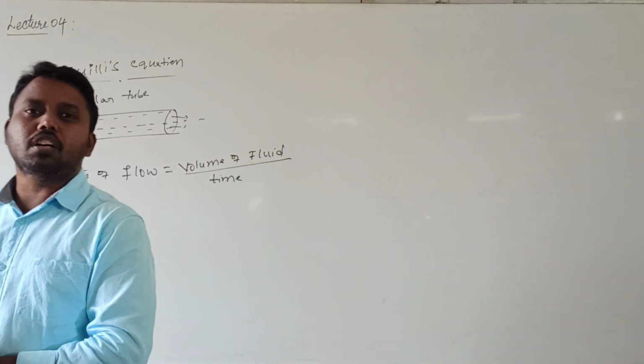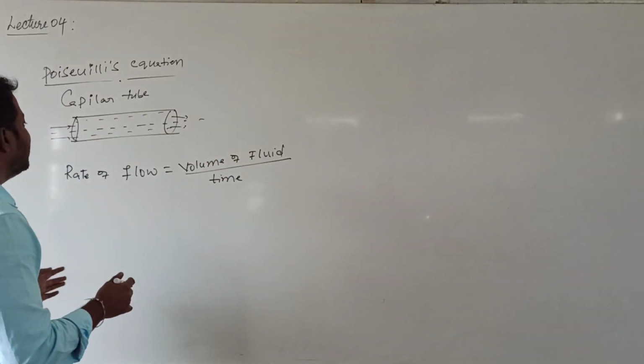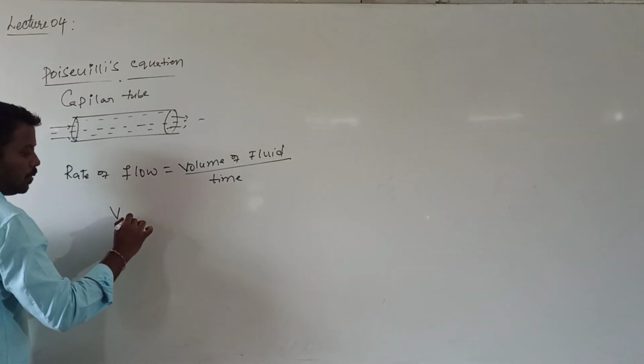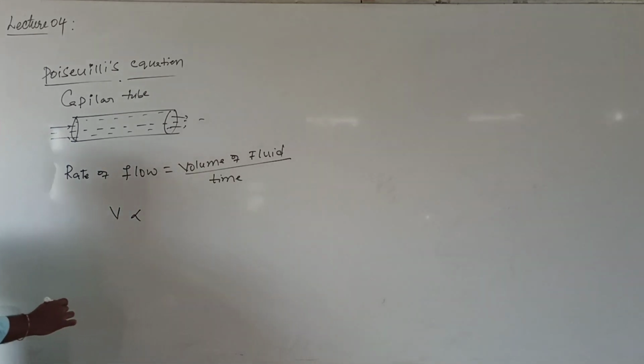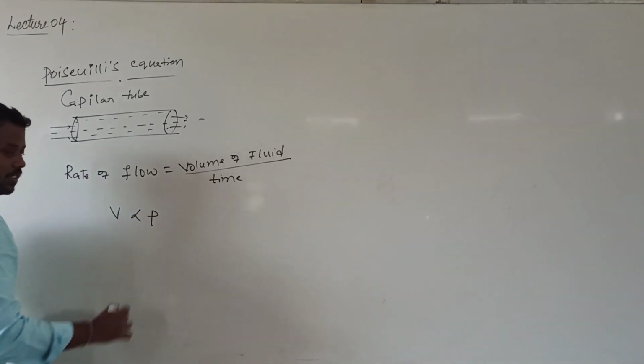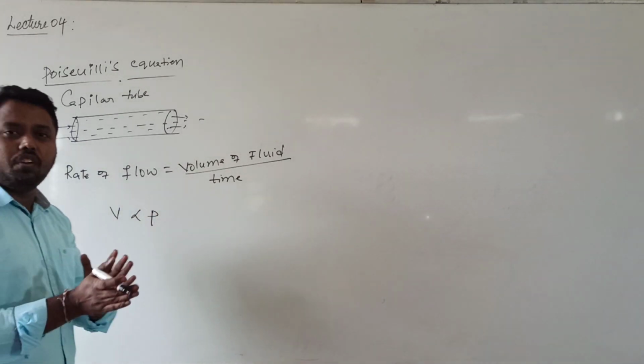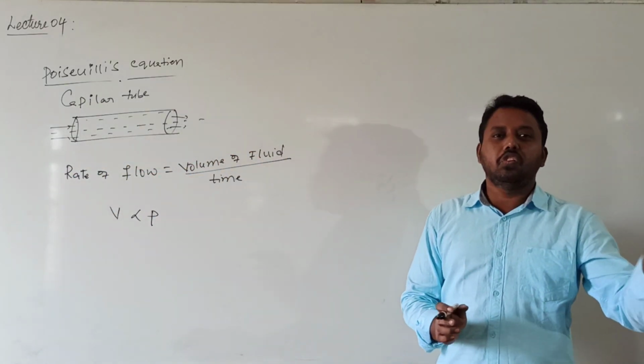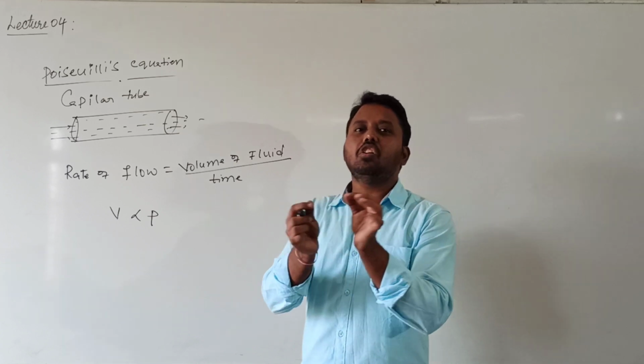To calculate the volume of the fluid flowing per second, also called the rate of flow, according to Poiseuille, the volume of the fluid flowing per second is directly proportional to the pressure difference. Yesterday we discussed that pressure makes the fluid flow, from high pressure to low pressure.